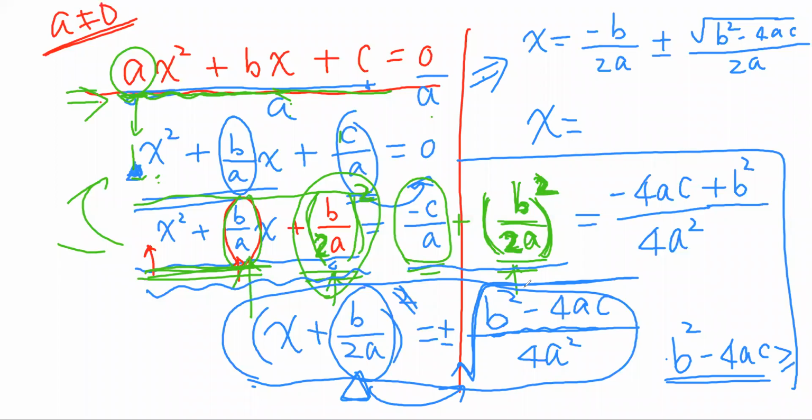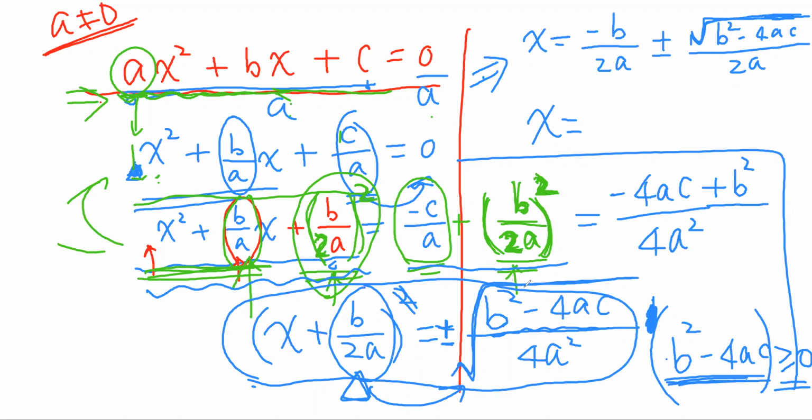Greater than or equal to 0, right? If it is less than 0, an i will show up, the imaginary number. But if it is greater than or equal to 0, we can take the square root like this. If it is negative, we will add i here. We don't need to talk about i here, but we should mention it. This one should be greater than or equal to 0.